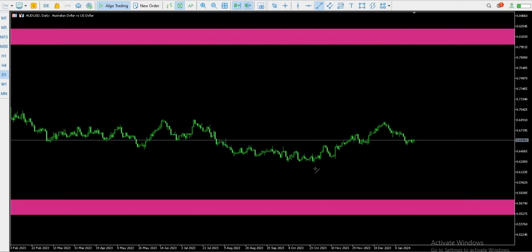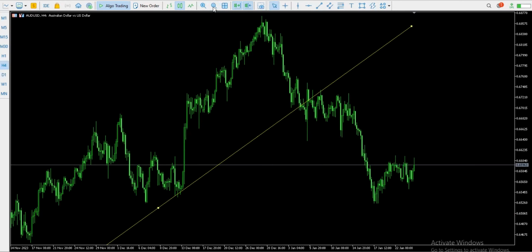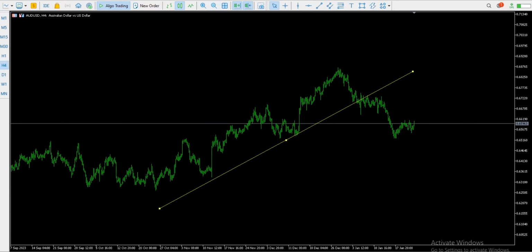He draws a counter trend line. Let's go to the 4 hour and see it clearly. So in the 4 hour time frame, he draws a counter trend line. Once the counter trend line is broken, somewhere like this, this is where he will be taking this trade.